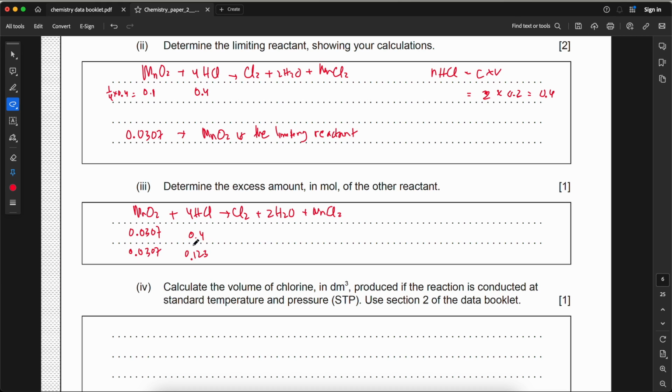This is the amount of HCl that reacted when 0.0307 mole of MnO2 is added. So the excess would be 0.277. You subtract this mole, excess. Okay.